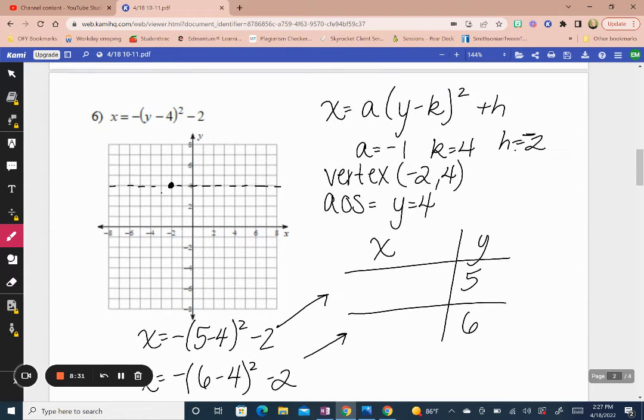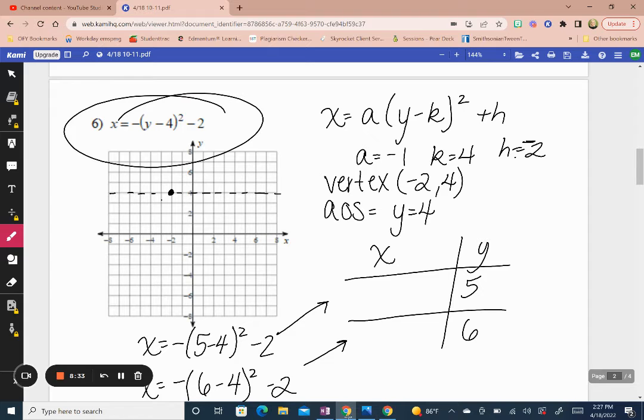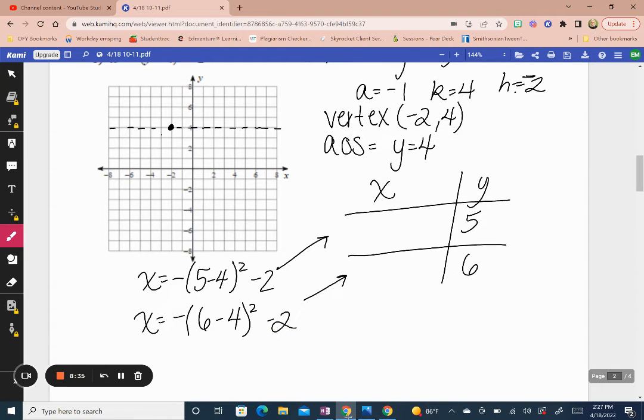Just a quick reminder, this equation comes from on top. I didn't just randomly make it up. I got my y values from here, so I just took my equation from above and inserted my y values. So let's take a look. Negative (5 minus 4) squared minus 2 gives me negative 3.